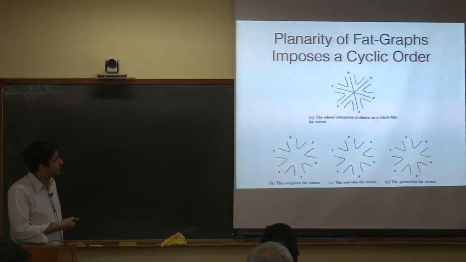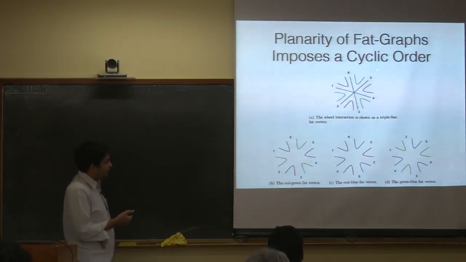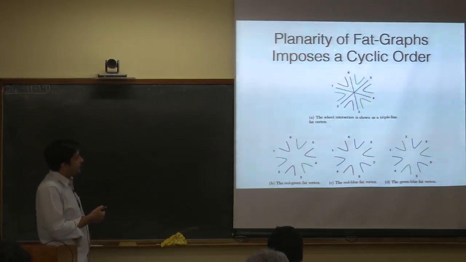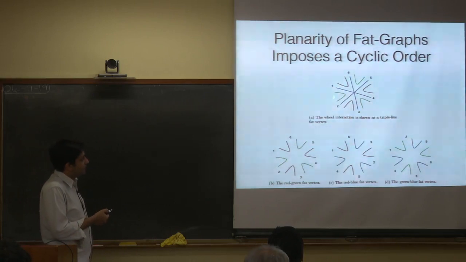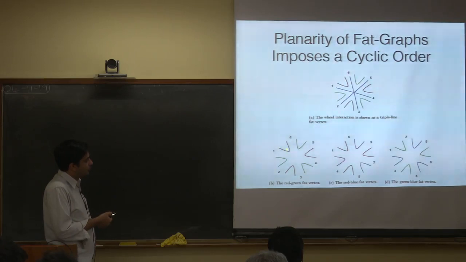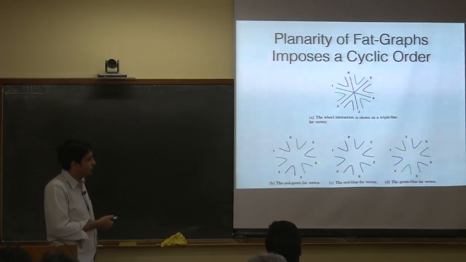So we first list all the inequivalent two cycles you can have, and then do analysis for each one. So how planarity works is that we have these labels for each of these outgoing lines. When you choose the two colors you keep, that forces these numbers to be arranged in a given cyclic order. For the red-green fat graph, it's just 1, 2, 3, 4, 5, 6.